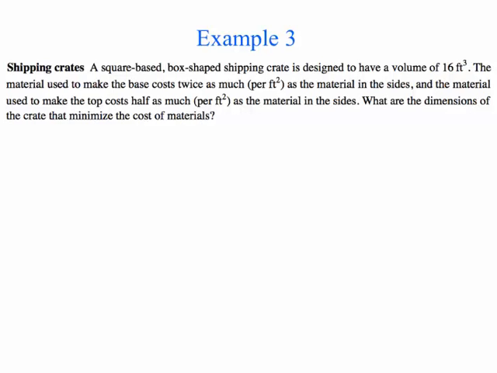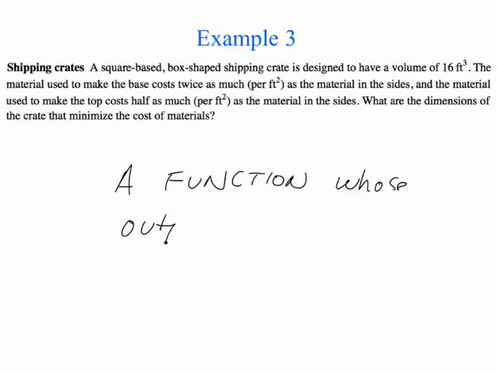Cost. A function that what? Whose output is what quantity? No, not the lowest. There's all kinds of costs. The whole point is we can choose lots of different inputs and get lots of different costs.